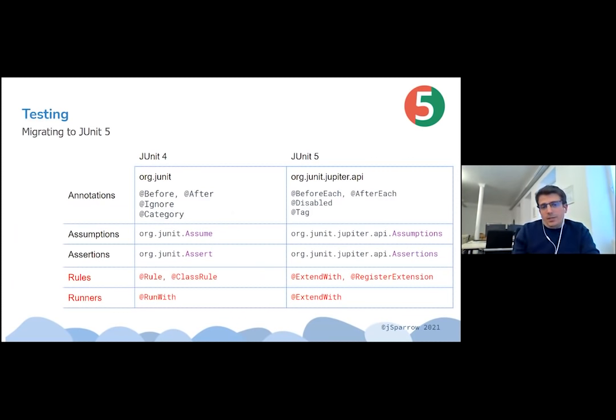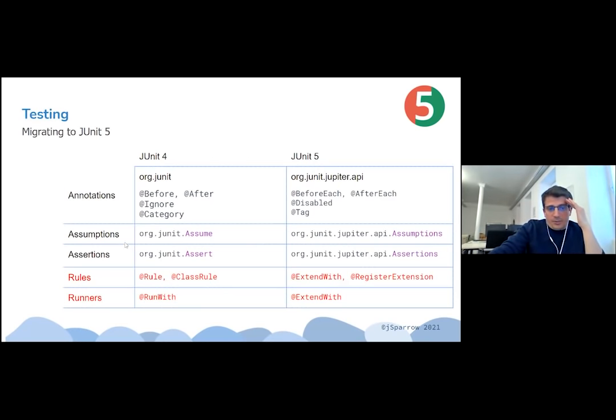In addition to that, most of the annotations in JUnit 4 have a unique correspondence in JUnit 5. For example, the @Before, @After, @Ignore, and @Category annotations have an equivalent counterpart in JUnit 5. So if we want to transition, we just have to replace those annotations with the new annotations.